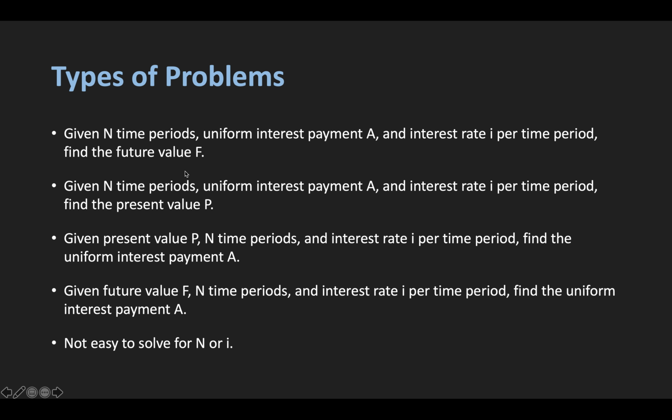Could be the same information, we need to find the present value. Could be we have P, N, i, and we need to find A. Or we have F, N, i to find A.